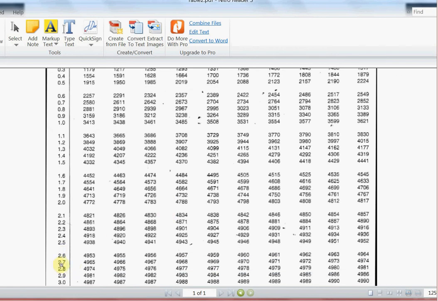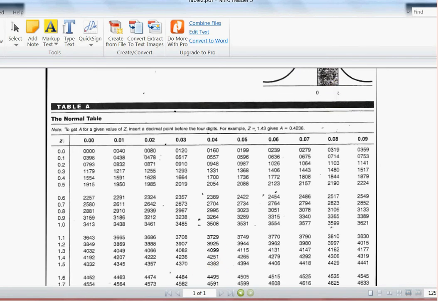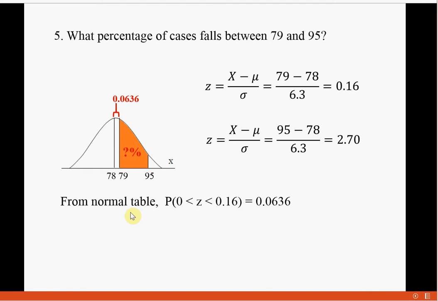2.7 is right here. The corresponding value is 4965. Again, this is from the middle toward z-score 2.7. Now in our chart, after we look at the table, that means that the area between 0 and 2.7 is 0.4965.